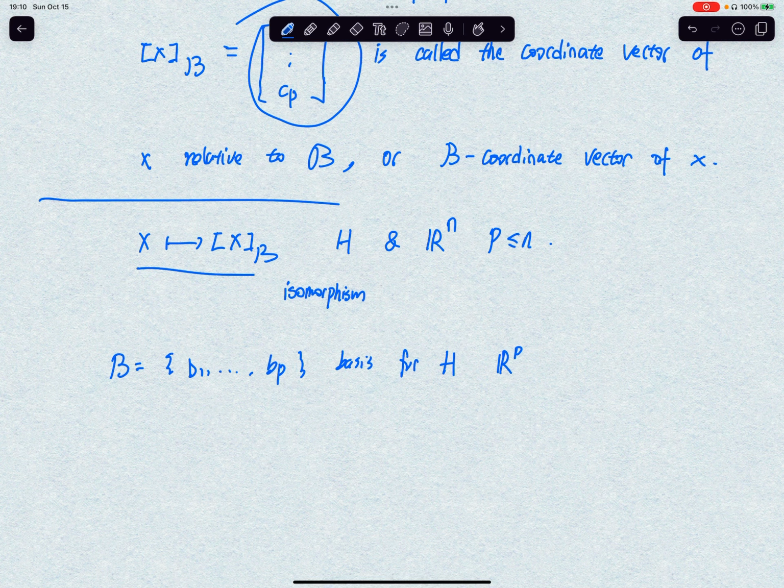And it can be shown that if a subspace H has a basis of p vectors, then every basis of H must consist of exactly p vectors. That is, B is a basis for H, and C is another basis for H.